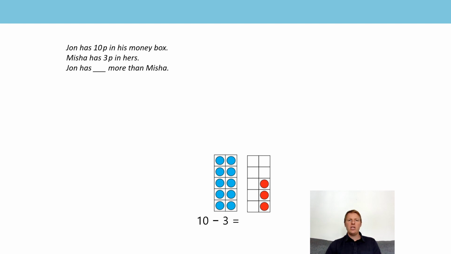I'm going to put Misha's counters on top of John's counters, and the difference between these two numbers is the number of counters that haven't overlapped. So I can see that there are 7 counters that haven't overlapped. There's 5 down the left, 2 on the right, 5 and 2 is 7, so the difference is 7. That means John has 7p more than Misha.